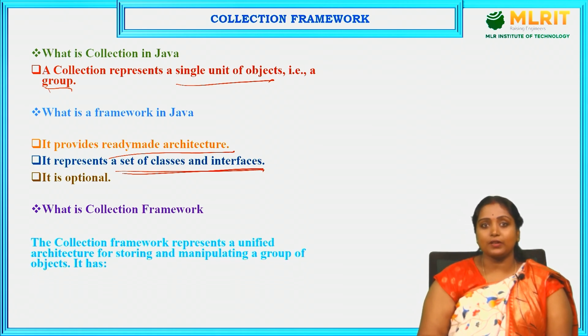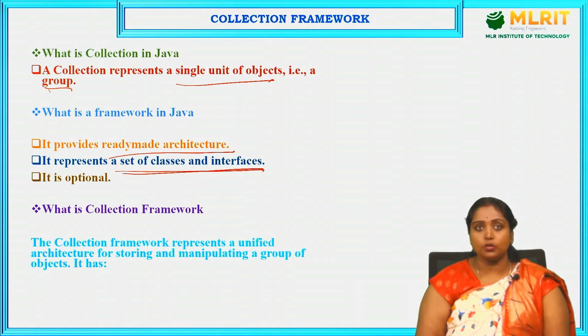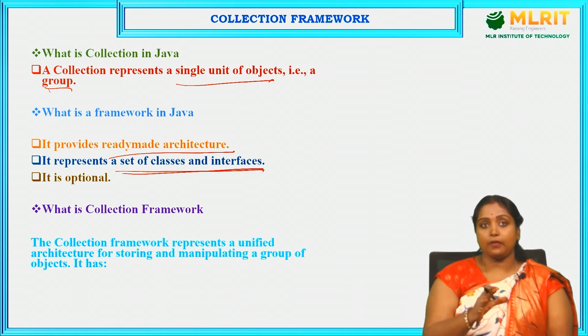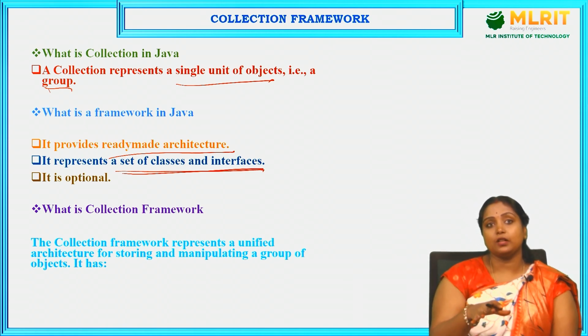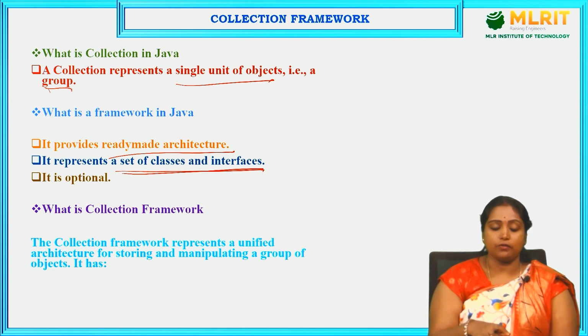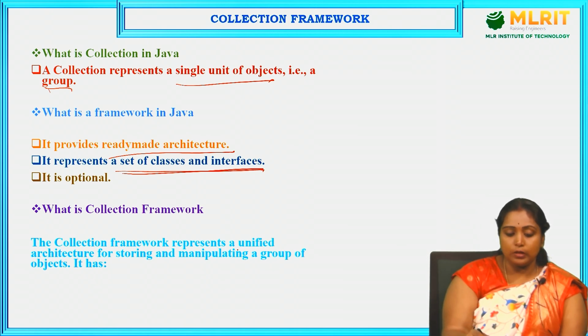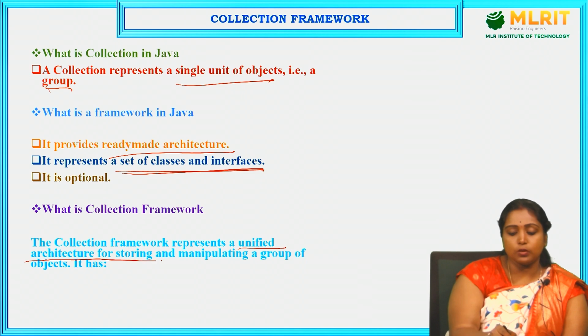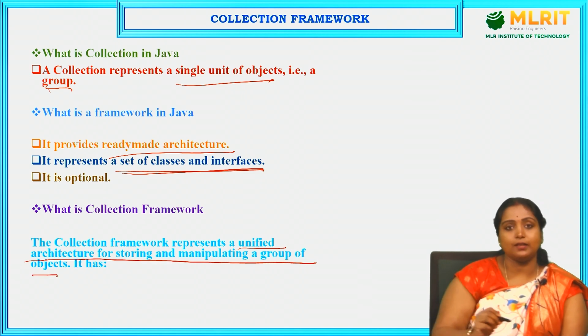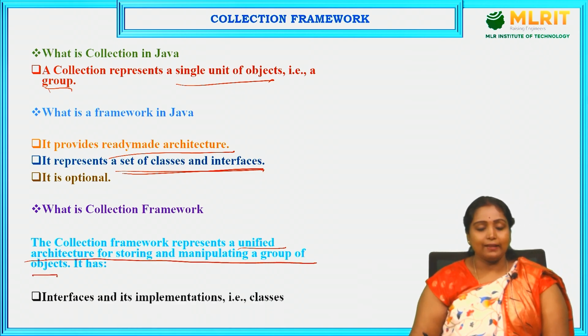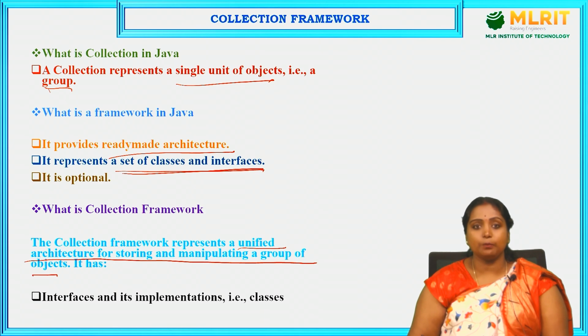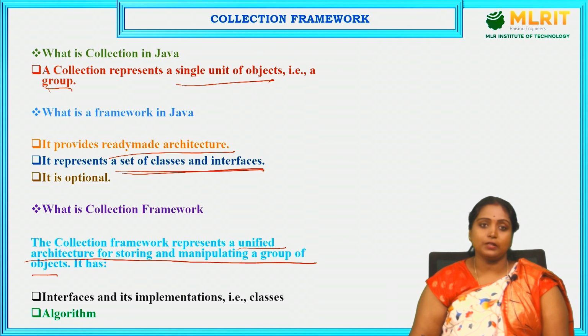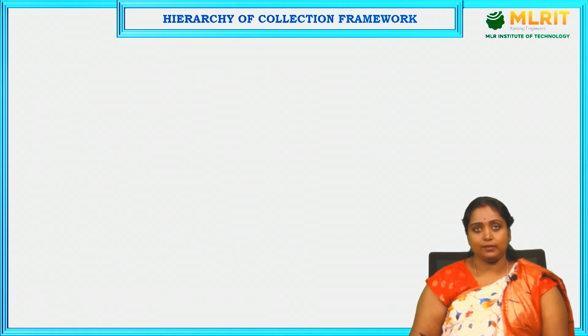The set of classes and interfaces which can perform operations on a particular group of objects is called the collection framework. Or you can say a unified architecture for storing and manipulating a group of objects. It has interfaces and their implementations, that is classes, and you can have the algorithms for those particular interfaces and classes.